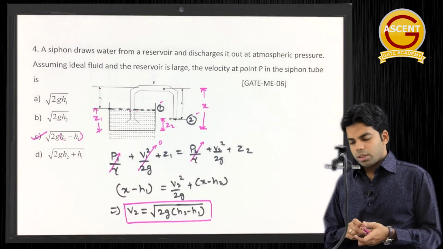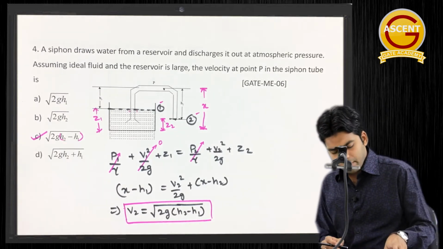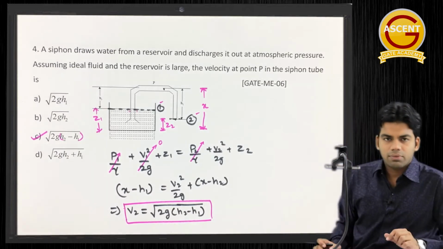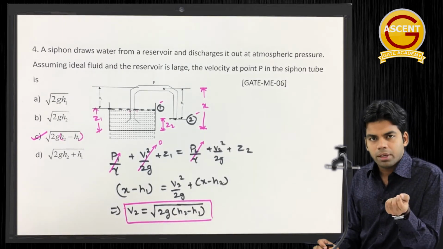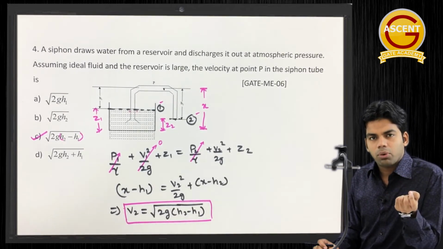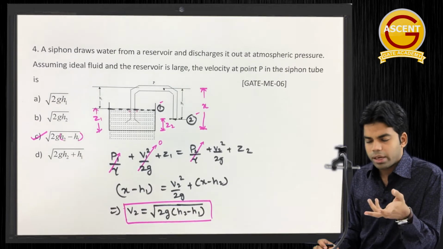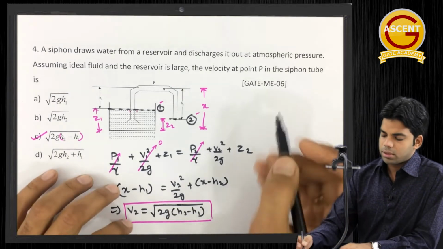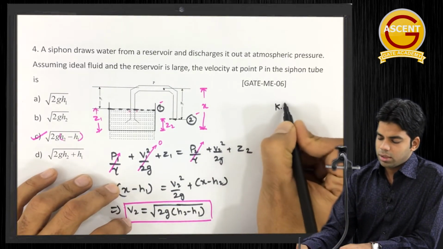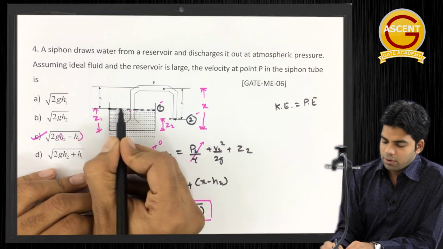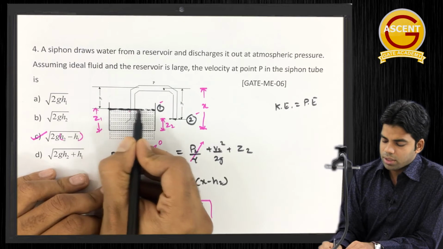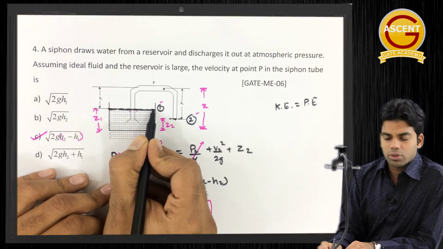Clear or not? Now one more thing: when the pressure at both ends, where we are applying Bernoulli's equation, is equal and the velocity at one point is equal to 0, we can directly put an energy balance. That means total kinetic energy is equal to total potential energy. Here we just have the kinetic energy, here we just have the potential energy, no kinetic energy, velocity is 0.